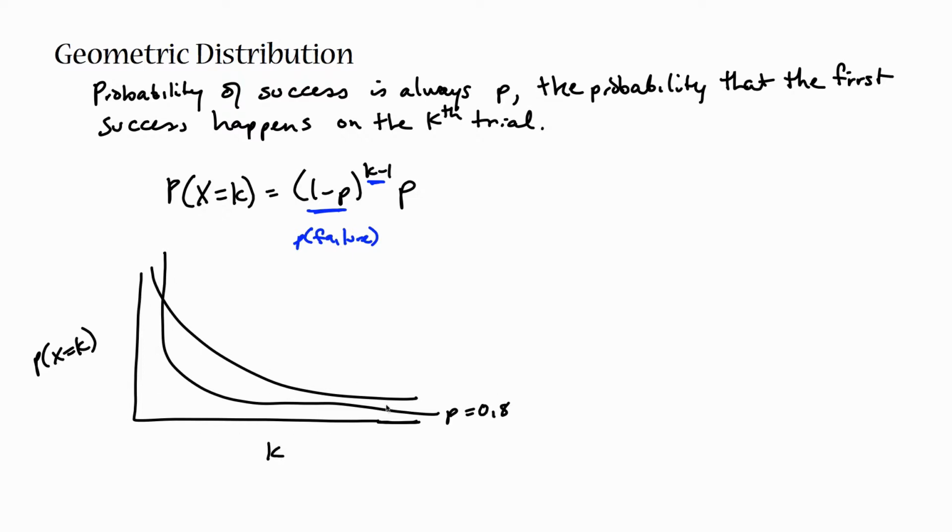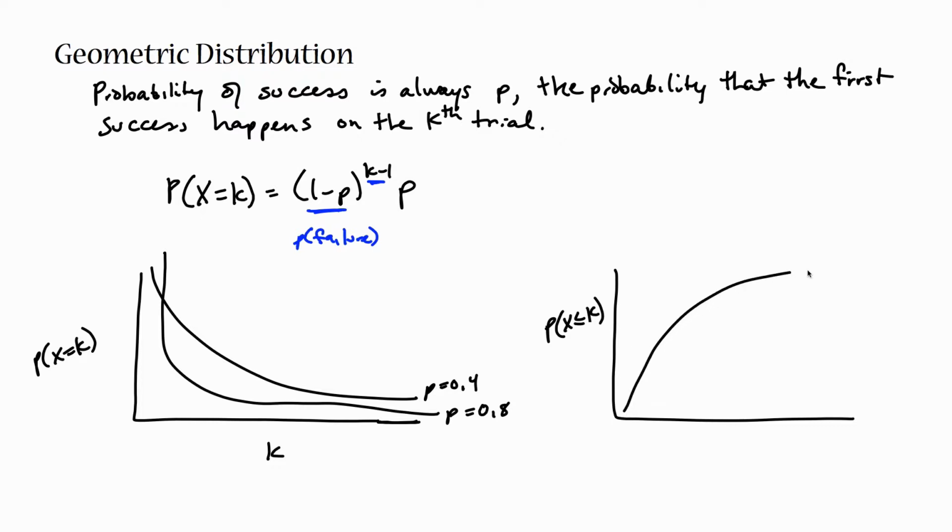Sorry, this is k, the number of trials. Whereas if the probability of success is smaller, then it's more likely that your first success will come a little bit later on. And the cumulative distribution function, X less than or equal to k, tends to look like this, a saturating curve, where the higher the probability of success, the faster you get to 1.